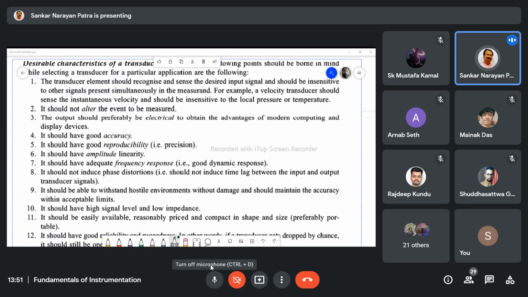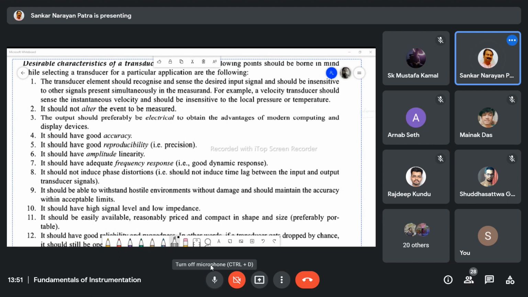Or one thing more, consider the system like this. You are going to measure temperature with a sensor, as I have given as an example. Temperature can be sensed by your thermocouple, by a thermometer, or by a resistance, that means an RTD, resistance temperature detector. Now you inserted an RTD.